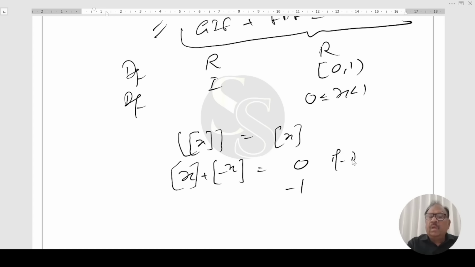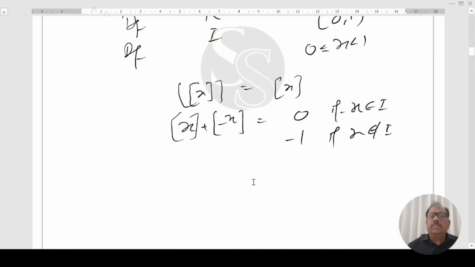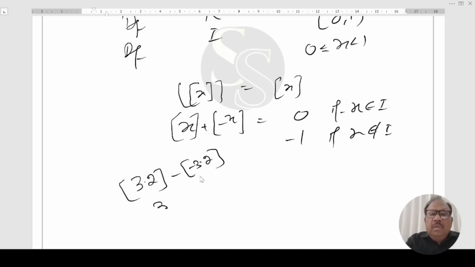It is 0 if x belongs to the integers, and minus 1 if x does not belong to the integers. For example, 3.2 and minus 3.2: the answer will be 3 and minus 4, that is minus 1.